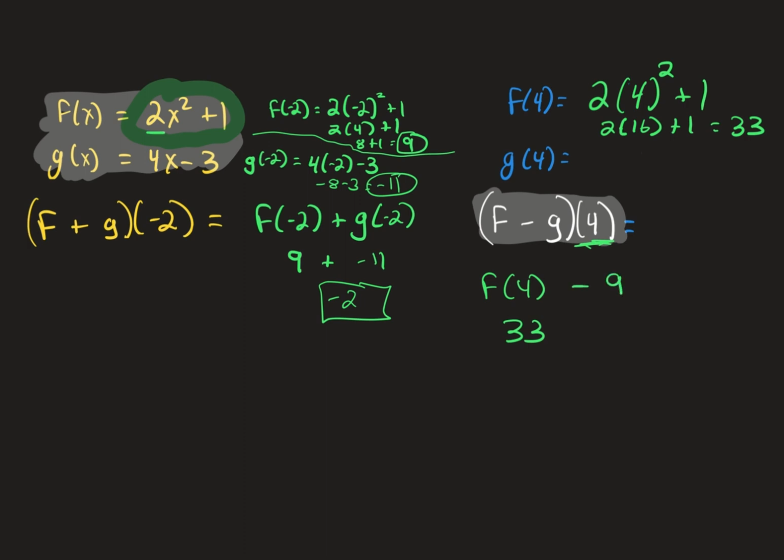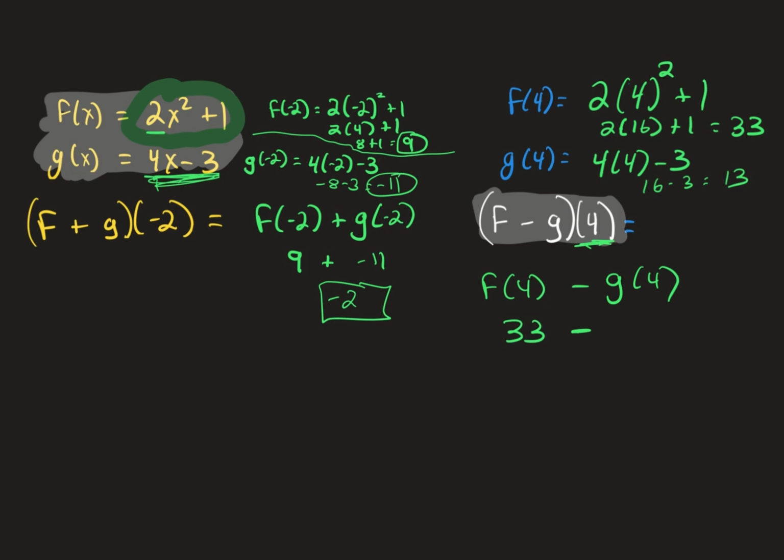Now we have to find g of 4. So I go to the g function, which is 4x minus 3. Anywhere I see an x, I'm going to replace it with parentheses 4. 4 times 4 is 16. 16 minus 3 is 13.